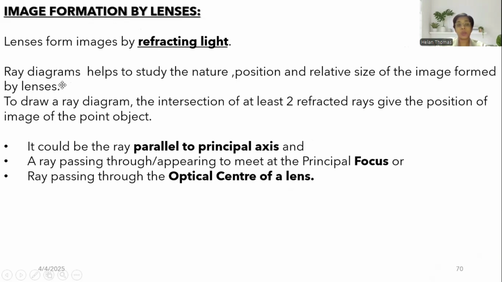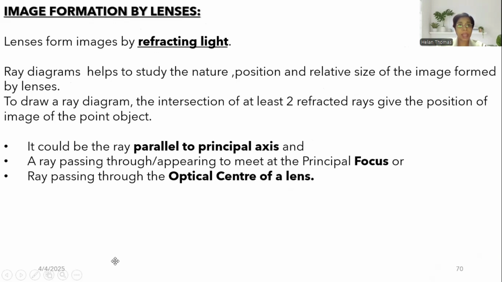When you draw a ray diagram, you can study the nature, the position, and the relative size of the image formed by the lenses. In order to draw a ray diagram, you need the intersection of at least two refracted rays.